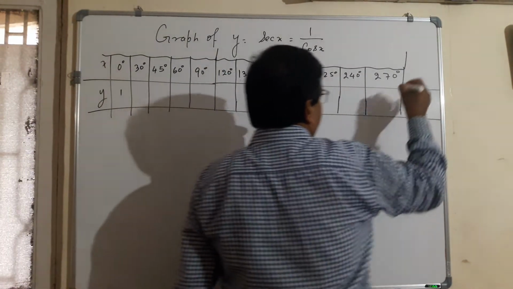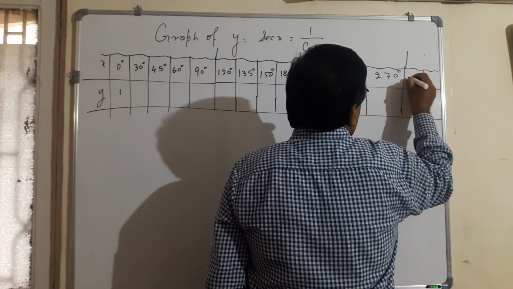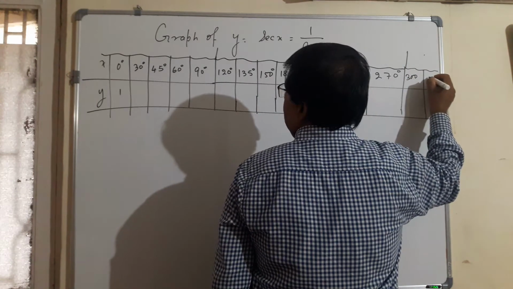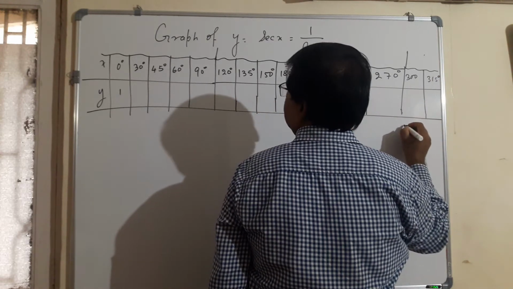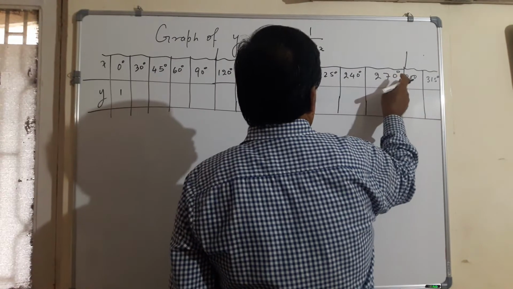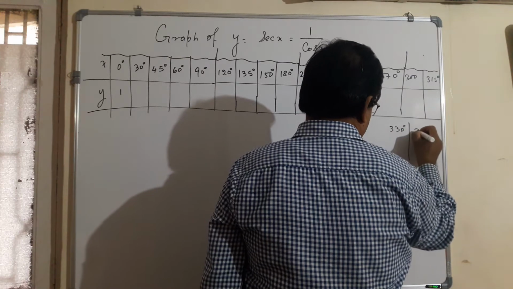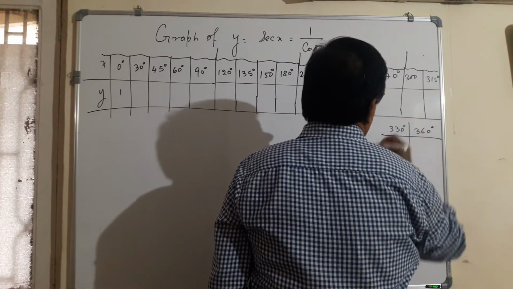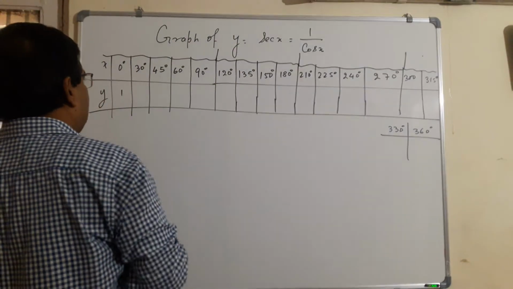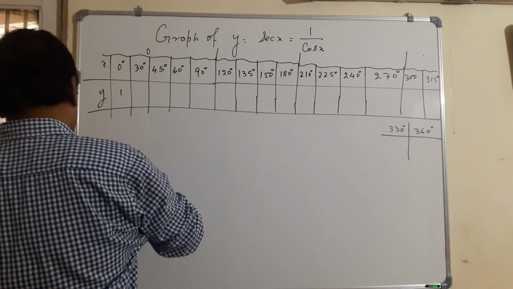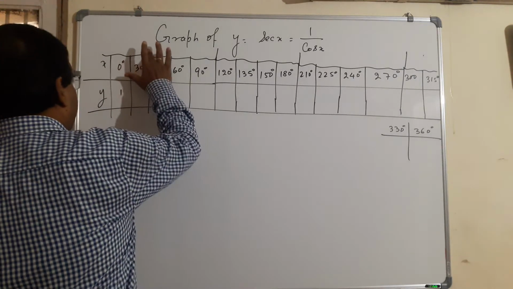Now fourth quadrant here: 300, 315 degree, and 270 plus 60, 330 degree, 360 degree. Fourth quadrant. So see here, first quadrant 0 to 90 degree.